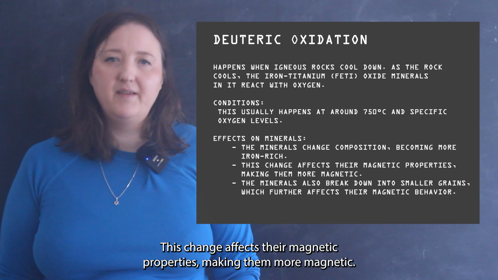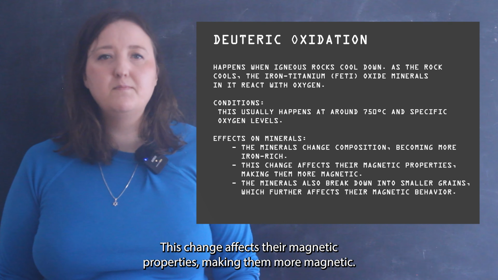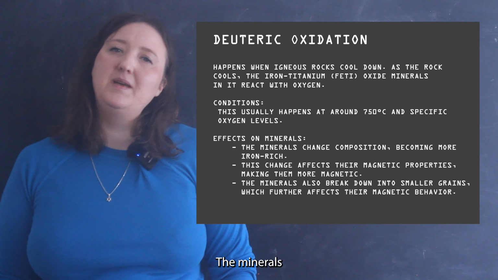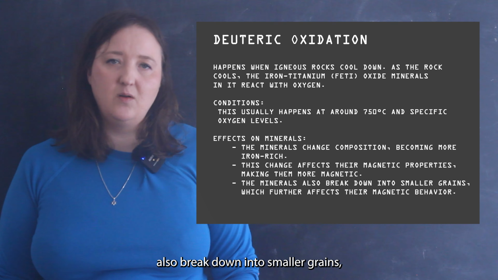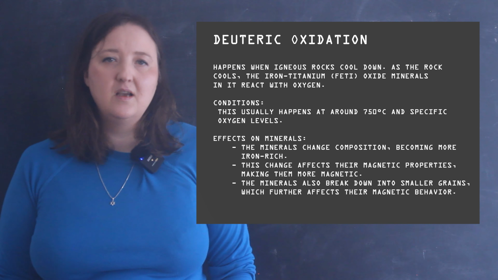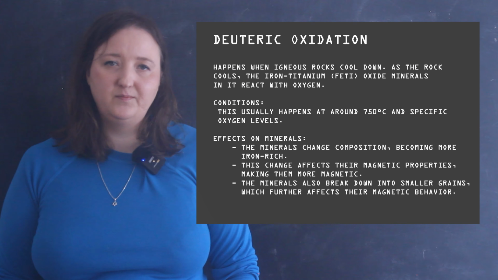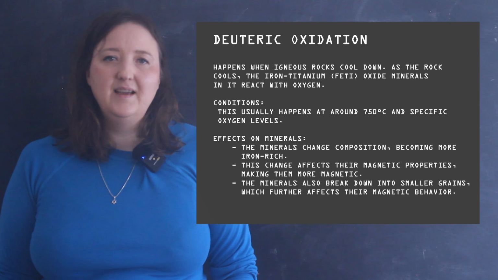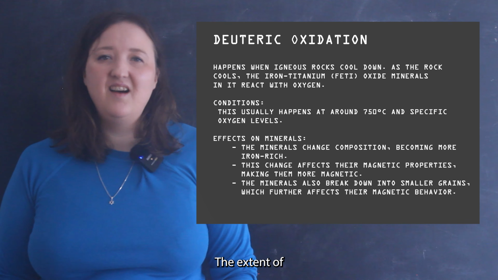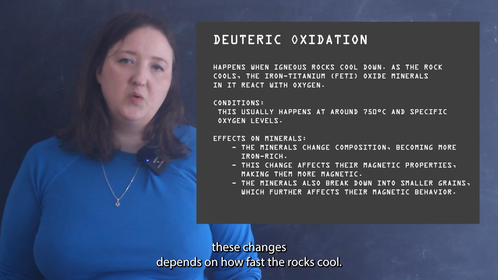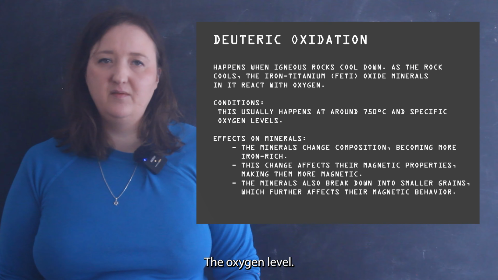This change affects their magnetic properties, making them more magnetic. The minerals also break down into smaller grains, which further affects their magnetic behavior. The extent of these changes depends on how fast the rocks cool and the oxygen level.